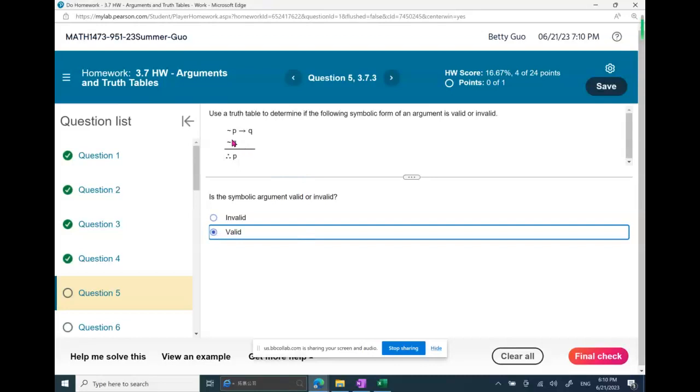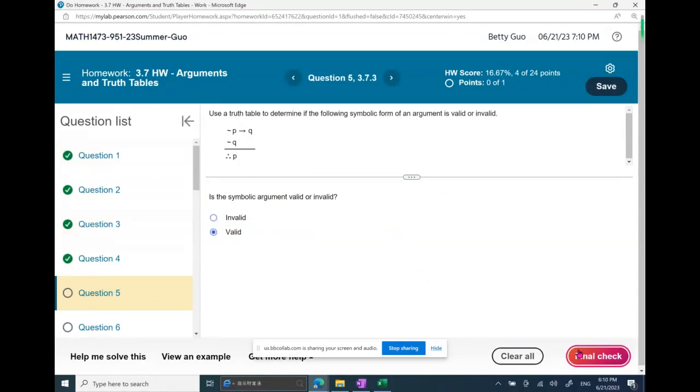The first premise has antecedent not P, consequent Q. And the second premise is the negation of the consequent. And the conclusion is the negation of the antecedent. That is called contrapositive reasoning. It is always valid.